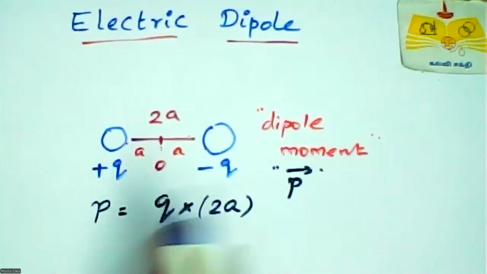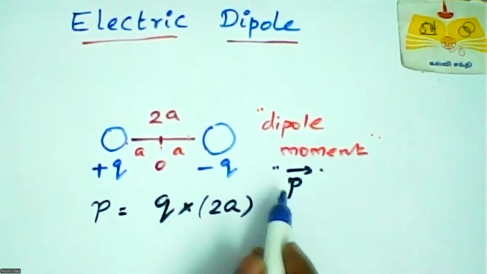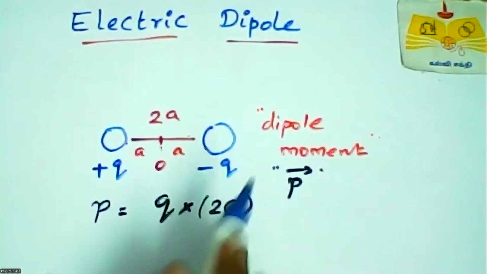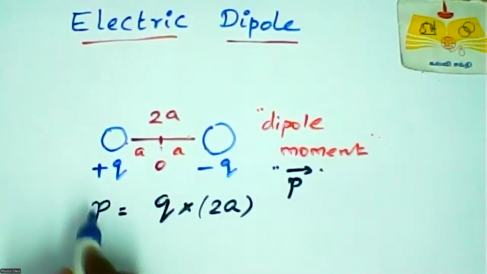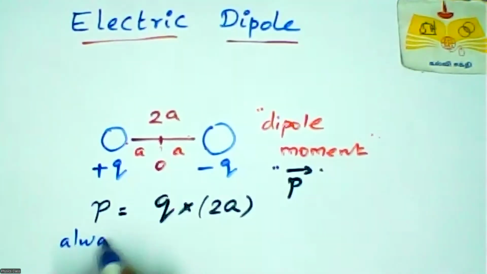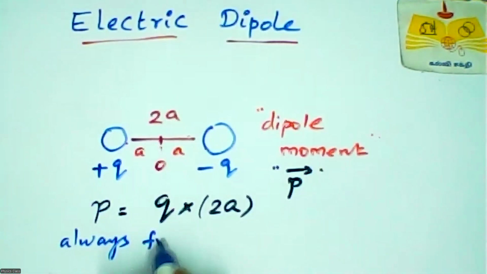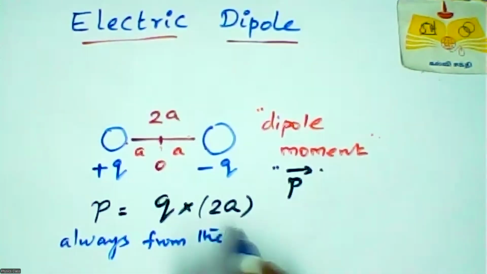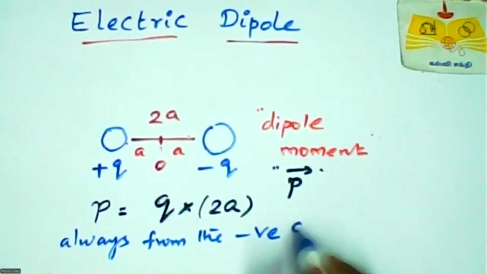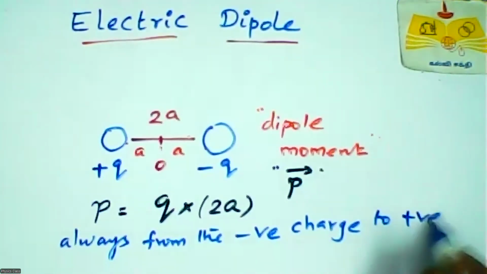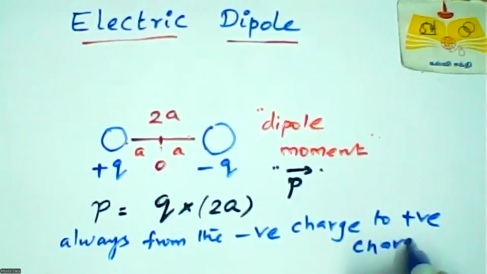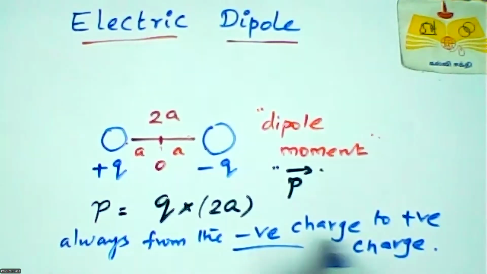So already we know that dipole moment is a vector quantity, so it has direction. So the direction of the dipole moment is always from the negative charge to positive charge. Please note it down. Very important point.